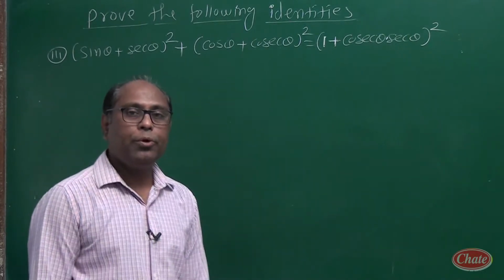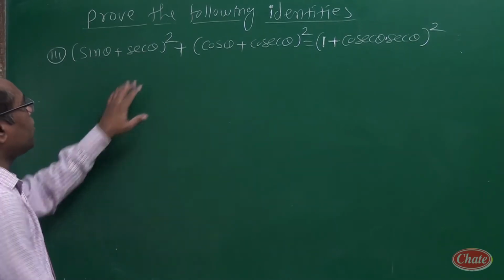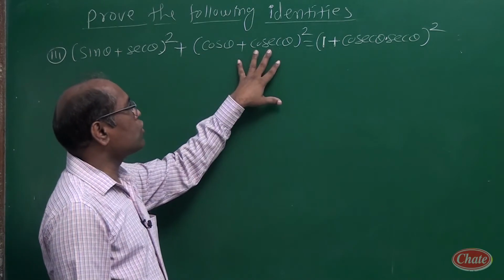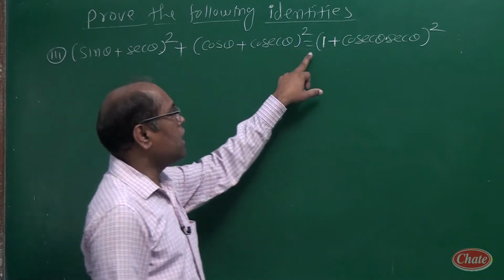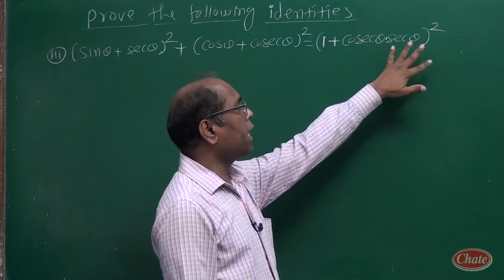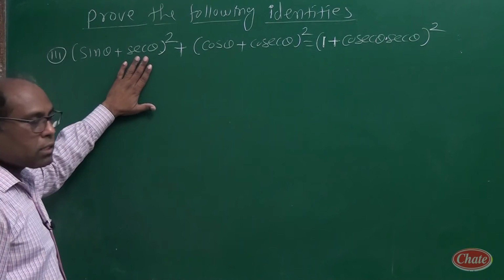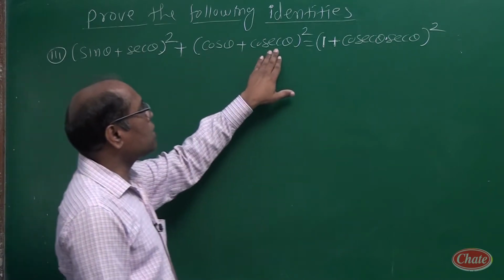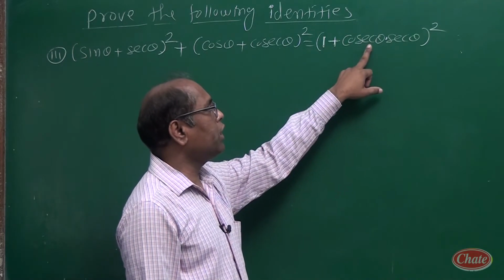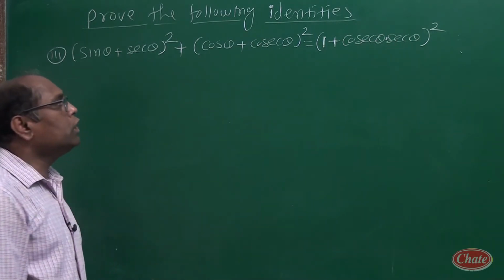Okay, the next question, number 3. (sin θ + sec θ)² + (cos θ + cosec θ)² is equal to (1 + cosec θ sec θ)². Now we have to prove this identity.